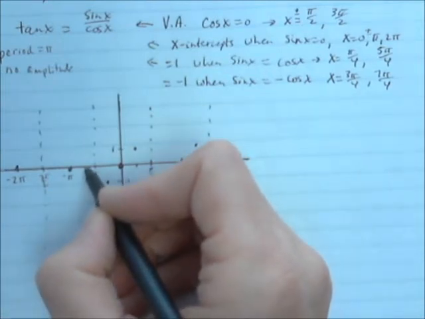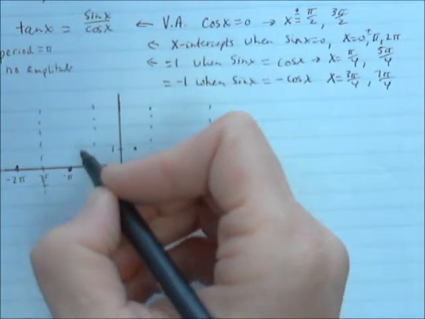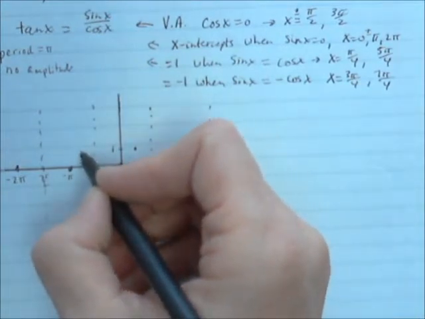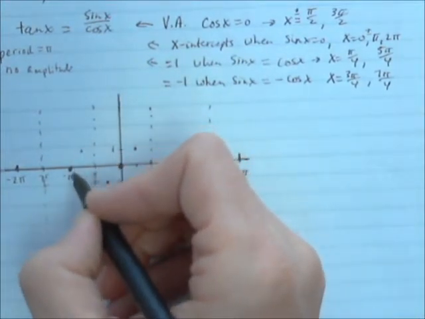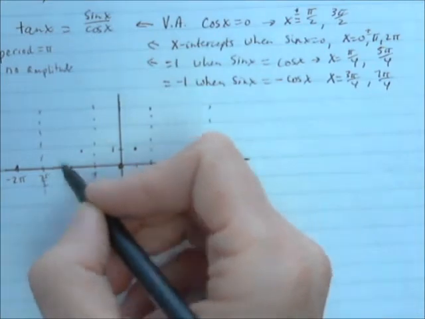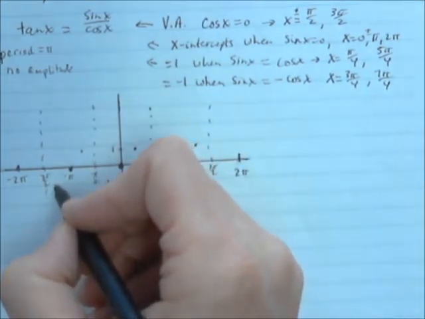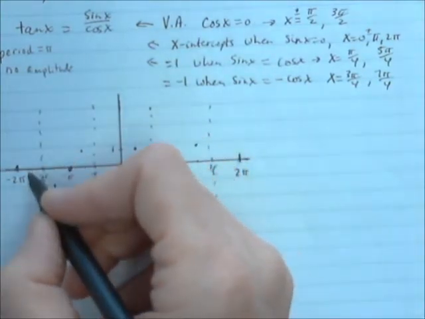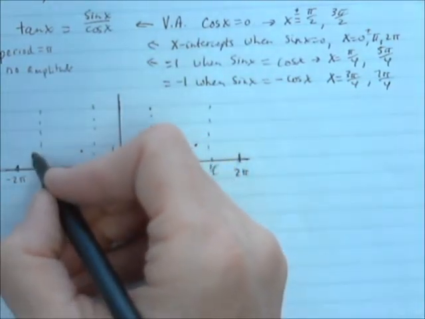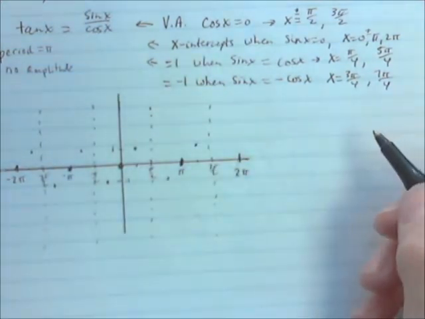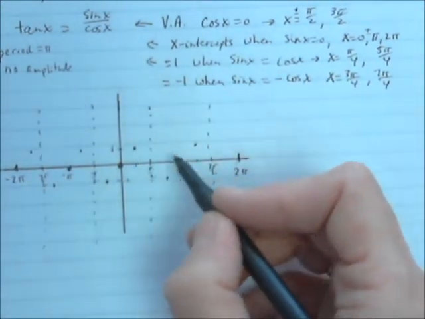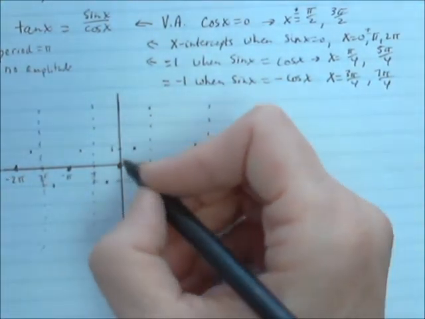At negative 3 pi over 4, it's positive 1. At negative 5 pi over 4, it's negative 1. And at negative 7 pi over 4, it goes back up to positive 1. So we have 3 major points in each cycle of these 3 cycles.